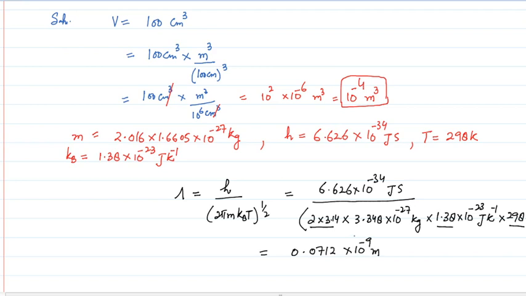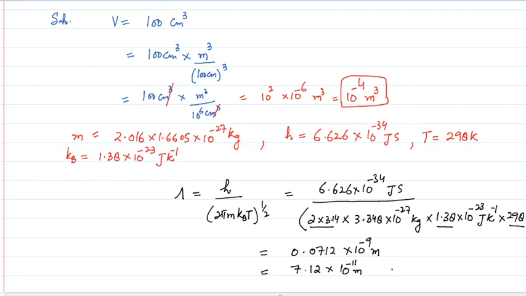Sometimes if it is asked in nanometers, 10 raised power minus 9 meters is simply nanometers, or you can change this into meters. So it will be 7.12 into 10 raised power minus 11, which we write in scientific notation here.